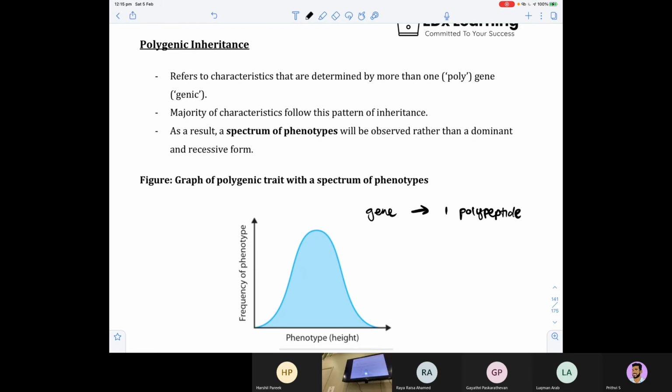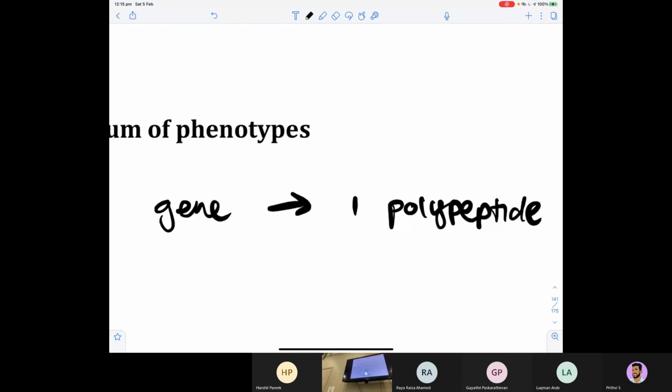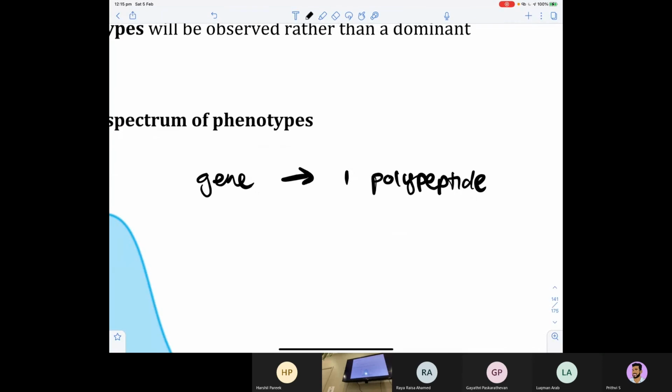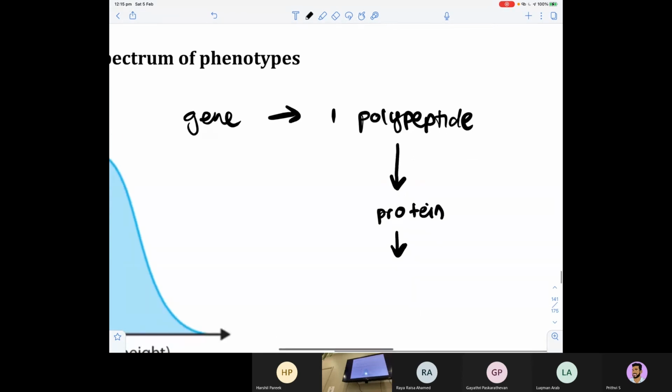Right? This is a whole inquiry question. This is the point we're trying to get across. You can't forget that. And what does that one polypeptide? Yeah, it makes part of a protein that then codes for.